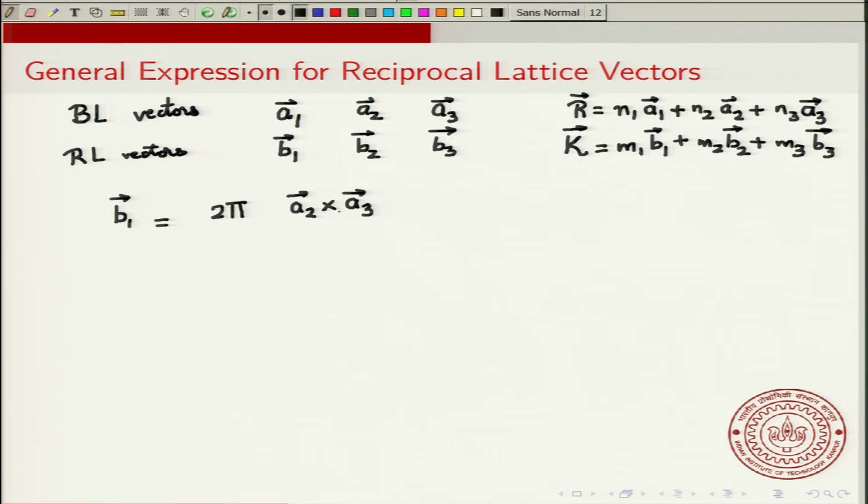The denominator is the volume of the cell, A1 dot A2 cross A3.